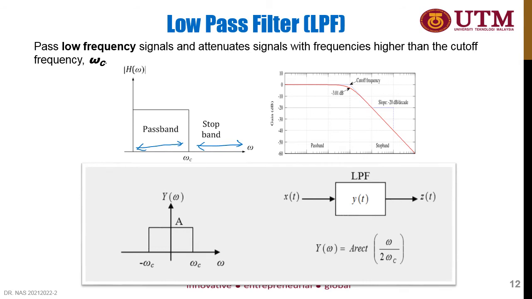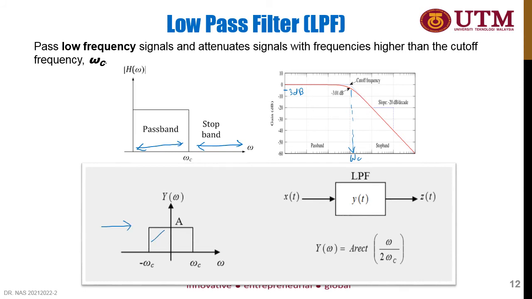So this is what the frequency response of the low pass filter looks like. Here is the 3 dB point. Remember, minus 3 dB from the maximum power. So this is where your omega c takes place. So the frequency response of the low pass filter can be illustrated as this.